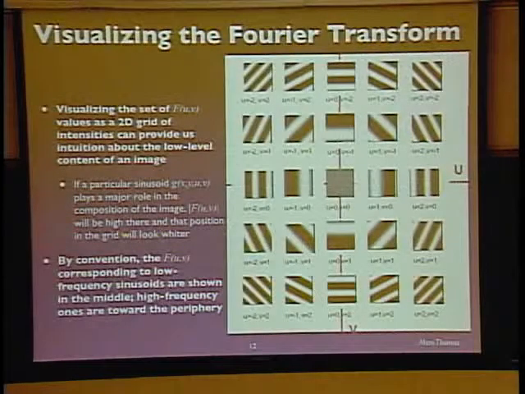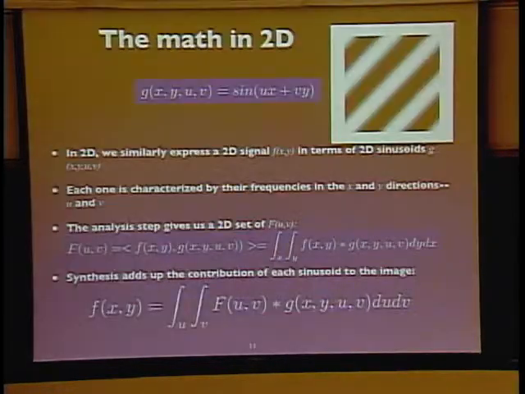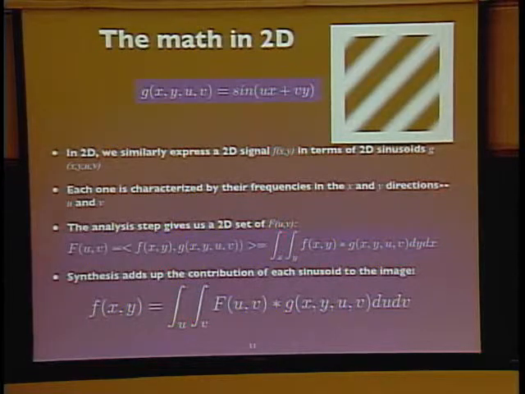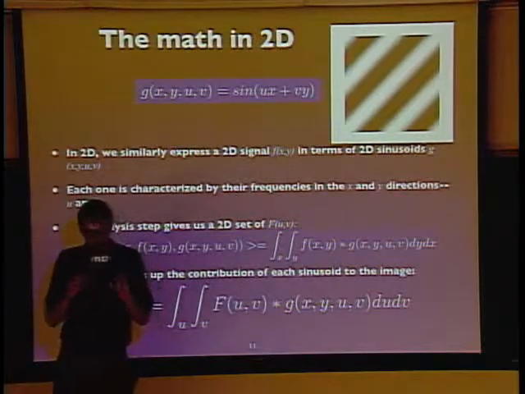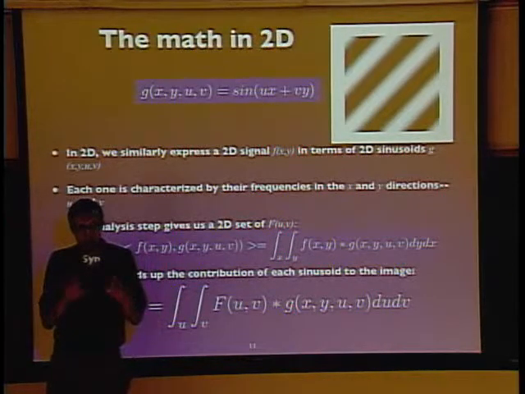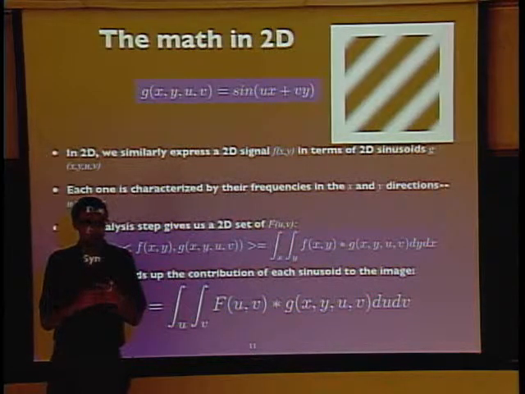Now, any questions? Yeah. Could this potentially be done with any picture, or does the picture have to have some sort of regularity to it? No. This is the amazing thing about the Fourier transform, is that any image can be represented using Fourier coefficients.